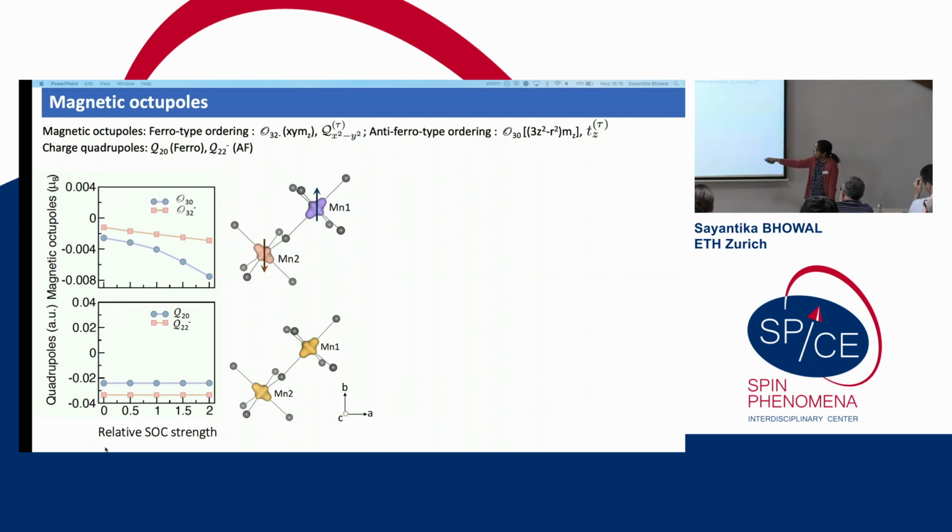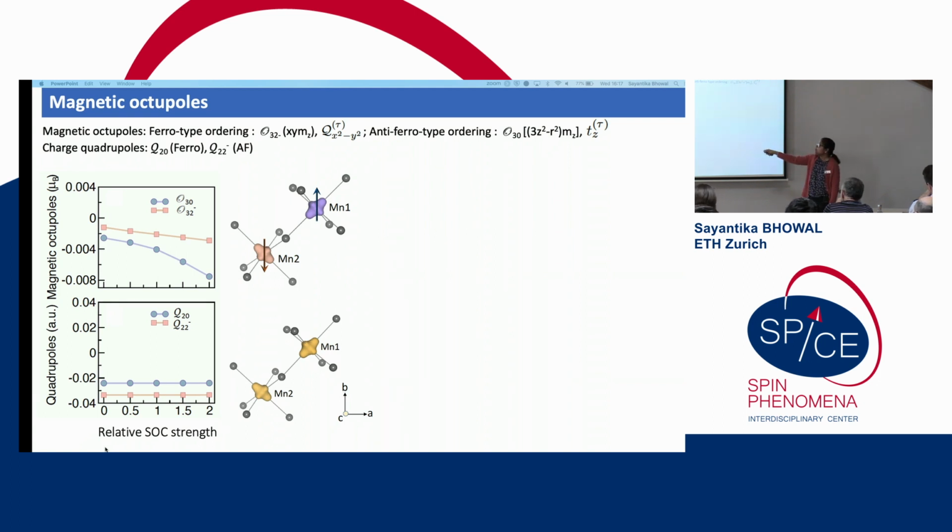So here we see the variation of these octupole components as a function of the relative strength of the spin orbit interaction. So we see that even in absence of spin orbit interaction, the octupole moments have non-zero values. Their values change with the increase in spin orbit interaction, but this change is really weak for the O32 minus magnetic octupole.